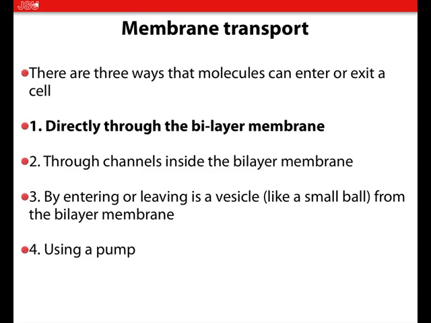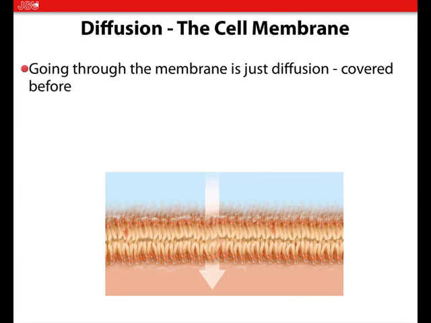So let's first talk about directly through the bilayer membrane. Do you remember before we had 2 gray cylinders, and one had a lot of yellow dots and one had very few yellow dots? Well, think of that, and one gray cylinder would be the blue layer at the top of this image. Another of the gray cylinders would be the peach color below here.